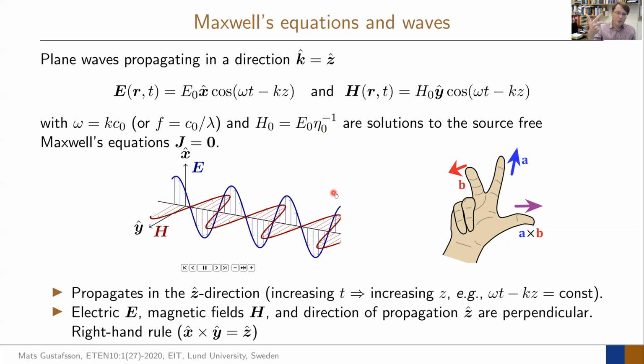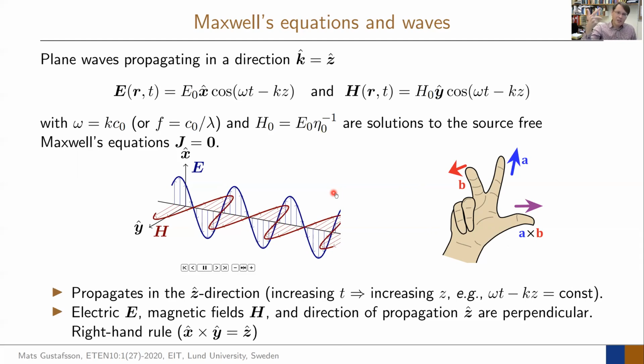And I know that it's always propagating away from the source, so I know where basically my thumb will point, which means my E field can be anywhere there, and then I have to look at what properties the source has. And even if you have not seen these cross products before, you don't need to, but you need to have this intuition about the E and the H fields. They are perpendicular to each other, and the cross product points in the direction of the thumb. And that we will use.